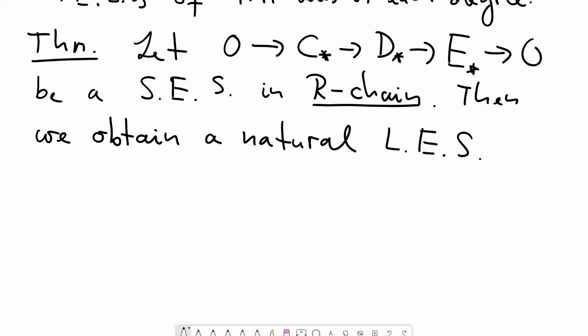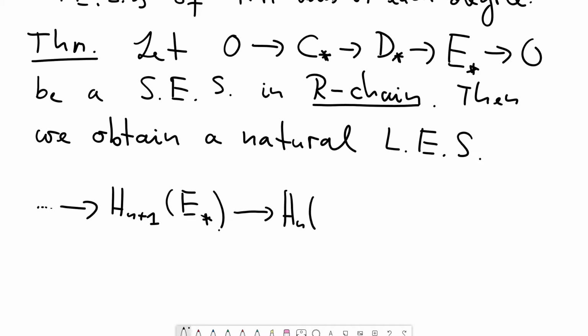So this now goes like this. From H_{n+1} of the last chain complex, E star. And then we get a connecting homomorphism. Again, construction of this homomorphism is part of the assertion of the theorem. Going to the nth homology of C star.